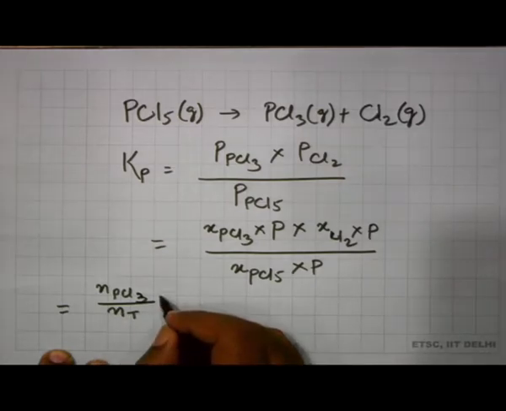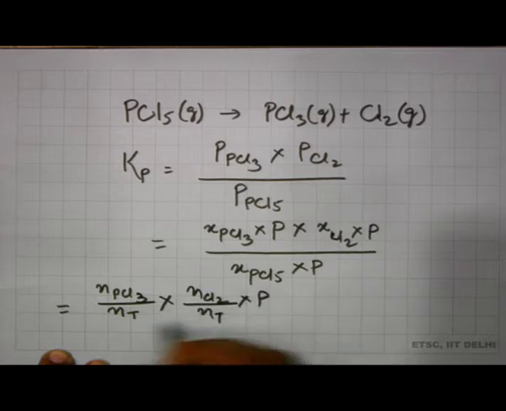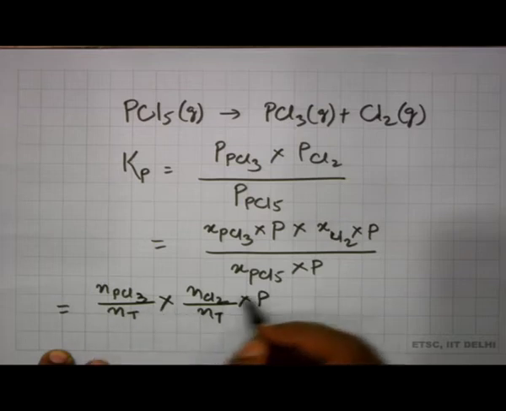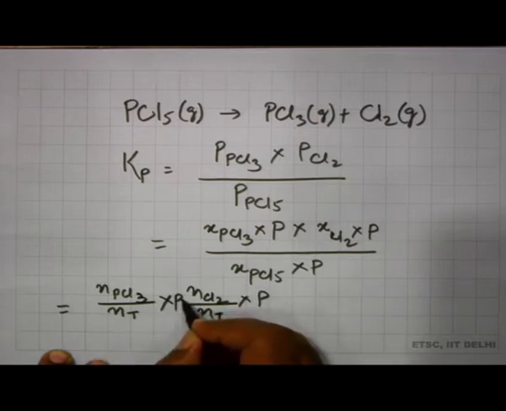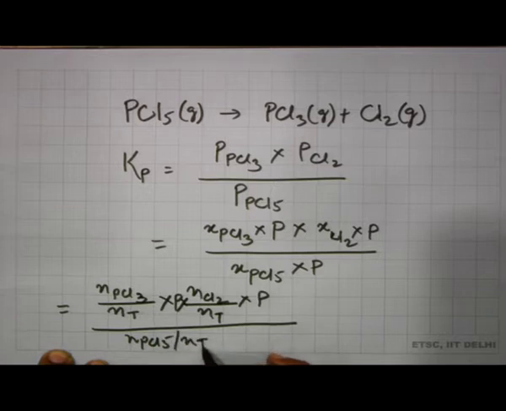So, N PCl3 by Nt times P, multiplied by N Cl2 by Nt times P, divided by N PCl5 by Nt times P.